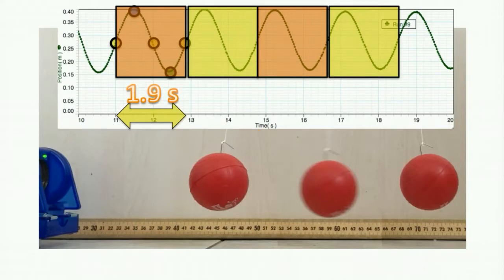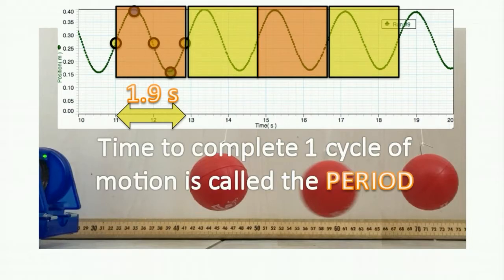And so if 4 cycles of motion is 7.6 seconds, then 1 cycle of motion is around 1.9 seconds. The time to complete 1 cycle of motion is called the period. That's represented with the symbol capital T, and that's 1.9 seconds.